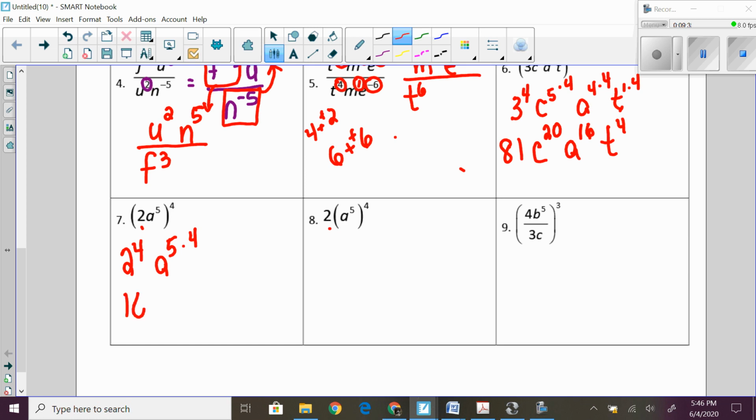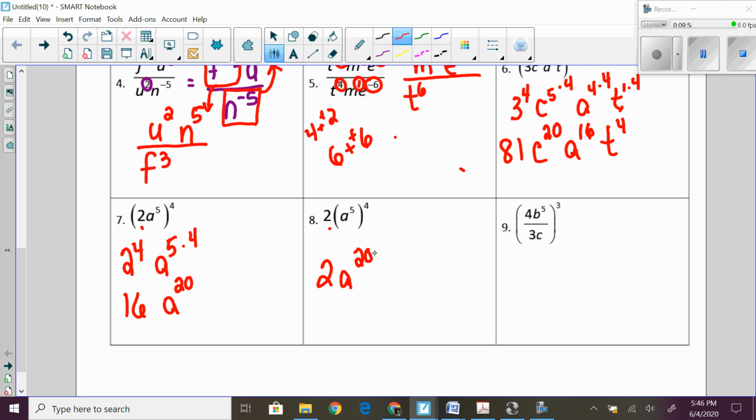We get 16 times a to the 20th. For number 8, we don't raise the 2 to the 4th, and now we have a to the 5th, to the 4th. We multiply because we have a power to a power, and we get a to the 20th.